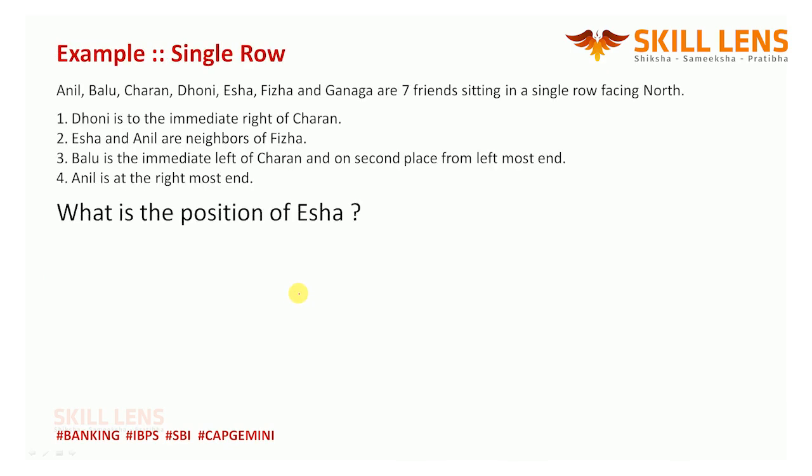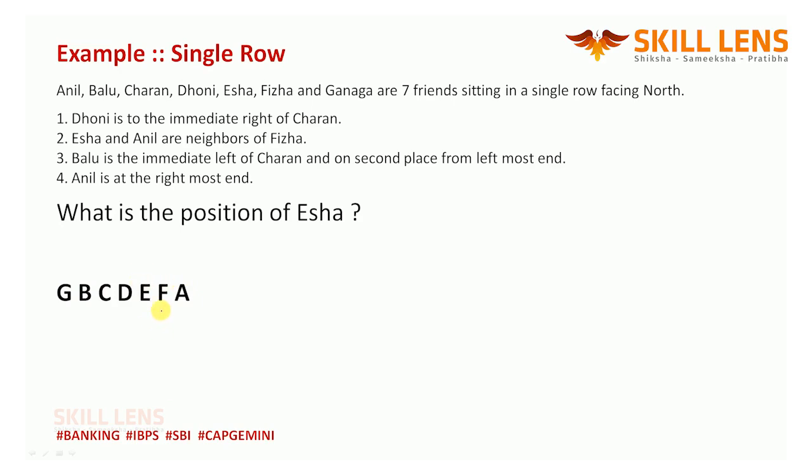What is the position of Isha? In the options he may give. Isha is, from the left end, at the 5th position, or from the right end she is at the 2nd position.